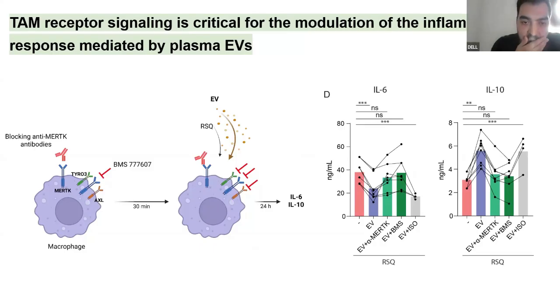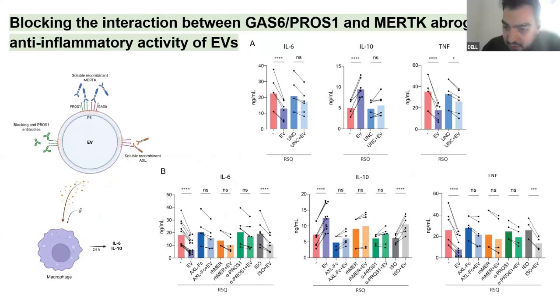Finally, we used a different strategy. We examined whether the EV-associated ligands Gas6 and PROS1 account for MERTK activation. So EVs were pre-incubated, as you can see here, with soluble decoy receptors, which are soluble AXL or soluble recombinant MERTK, or with a function-blocking anti-PROS1 antibody before addition to the macrophages.